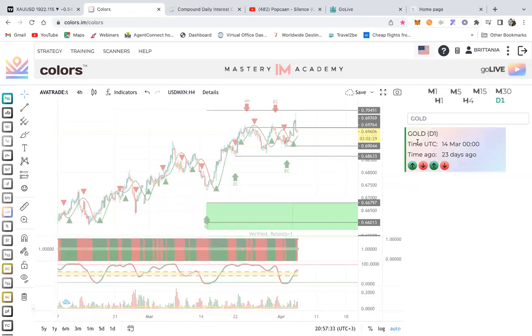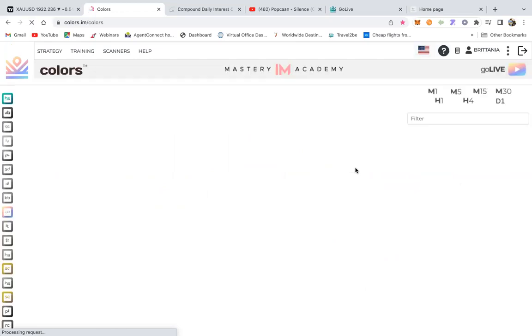Why is this thing not loading? But Jesus have mercy. Hold on a second. Let me just try refresh this thing, because it ain't working at all. Is colors updating as of 15? Yes, Randy did say the other day that they're updating the software, so we might have a little bit of delay, or we might see it not working.